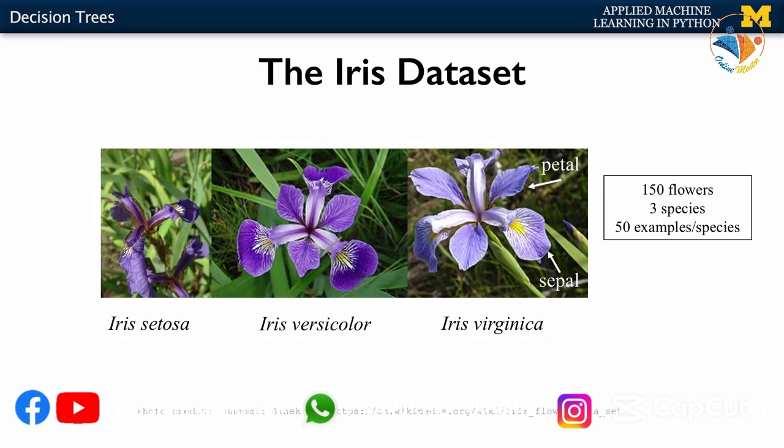Unlike our simple example involving yes or no questions, which were binary features of the object, the iris dataset's features are continuous values, so the rules to be learned will be of the form, for example, is petal length greater than 2.3 centimeters? Let's take a look at how a decision tree is built on this data.